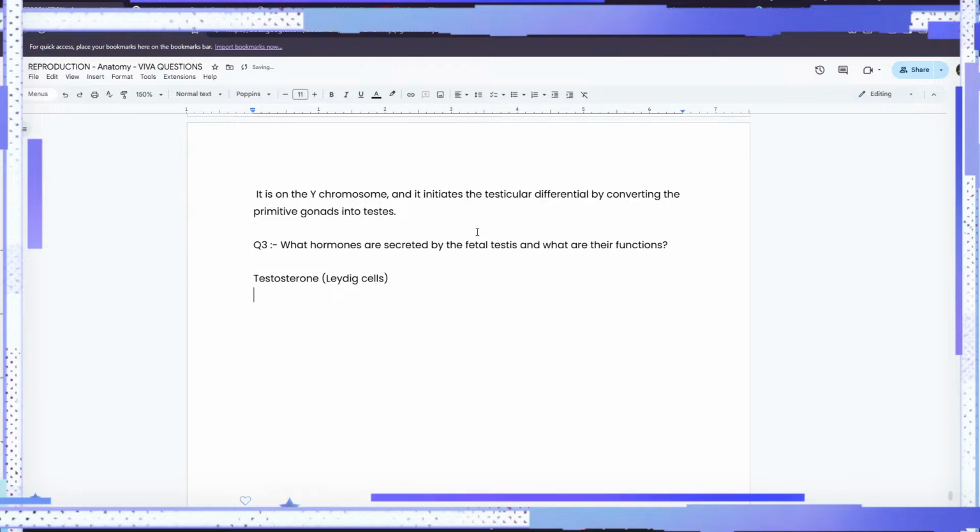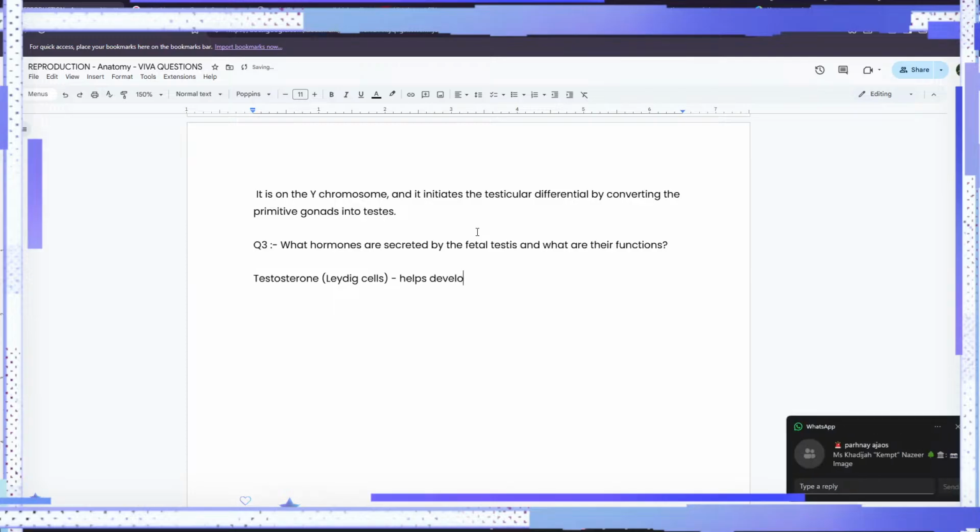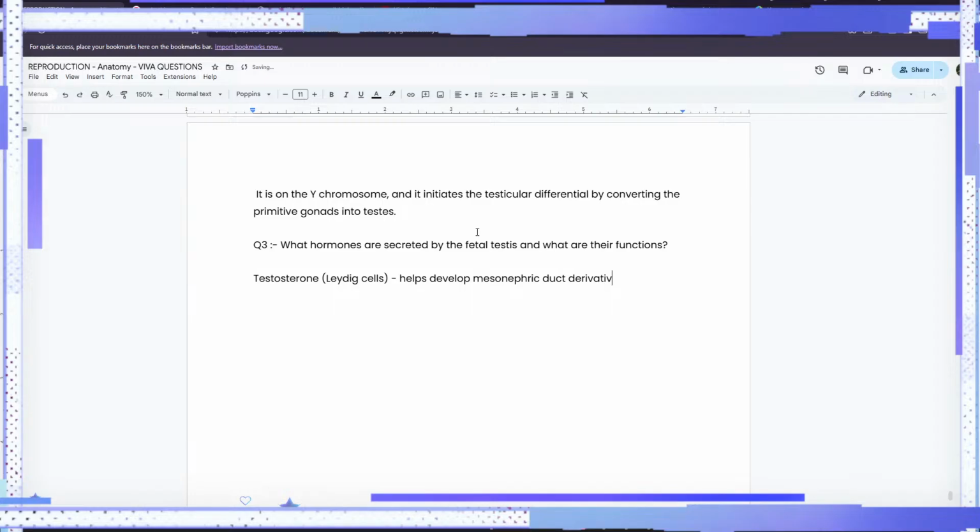They help develop Wolffian or mesonephric duct derivatives.